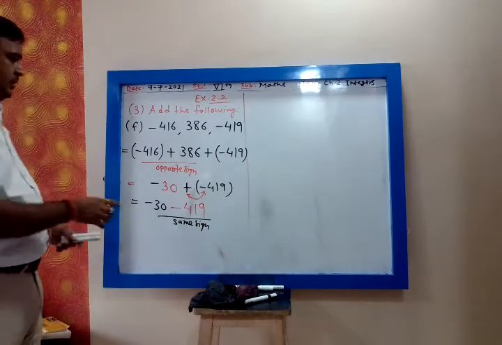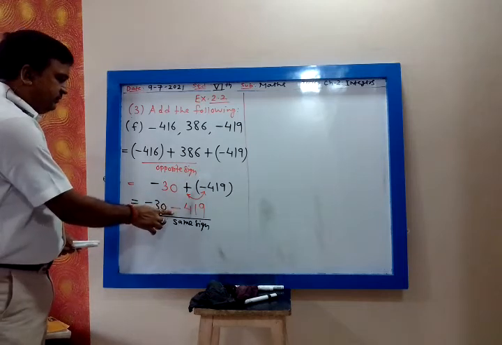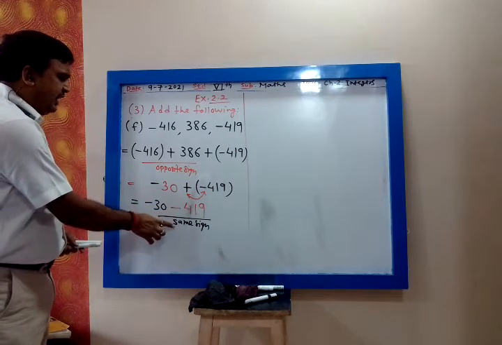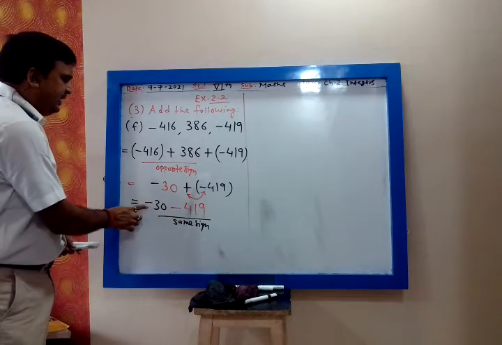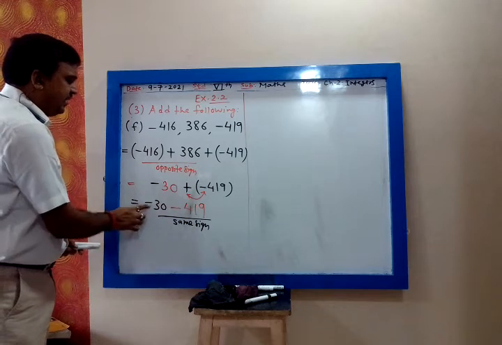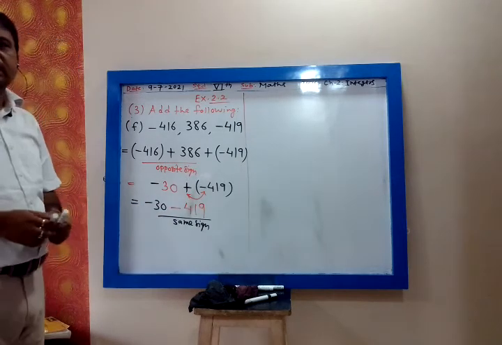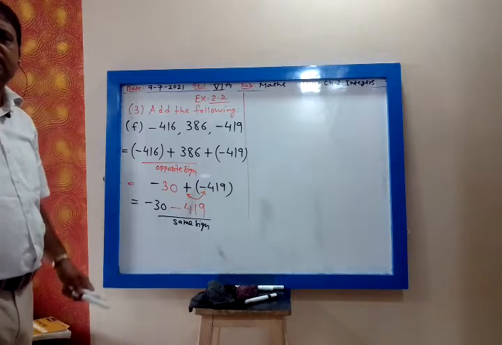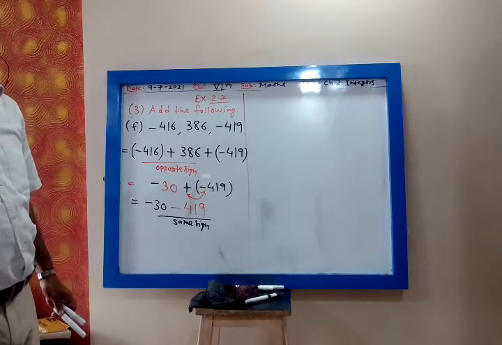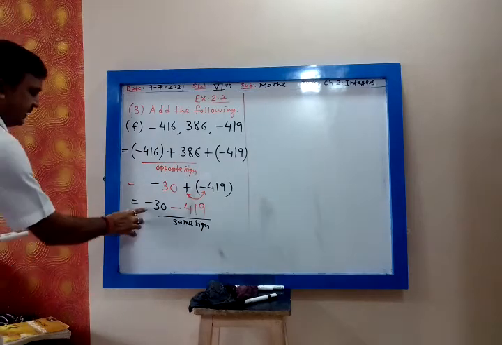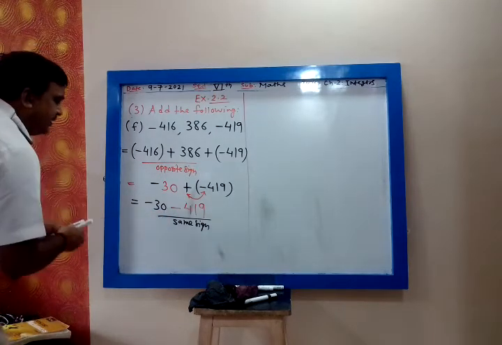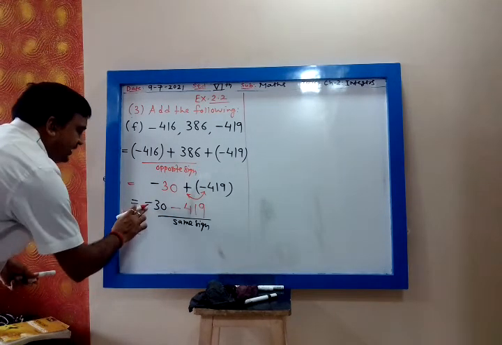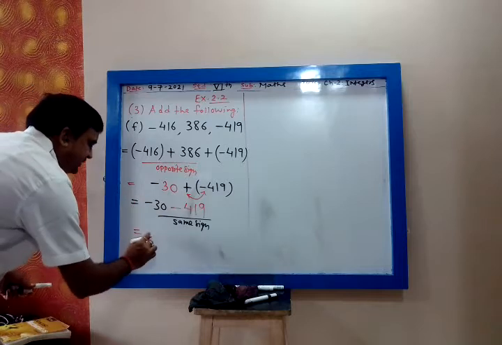So now, same sign. Minus minus, same sign I have written. Whenever you have the same sign, you have to add the number. Mute the microphone. Background disturbances are there. Some bird noise is coming. So minus minus, same sign, you have to add the number and take the common sign. Common sign, minus minus, common sign is minus.